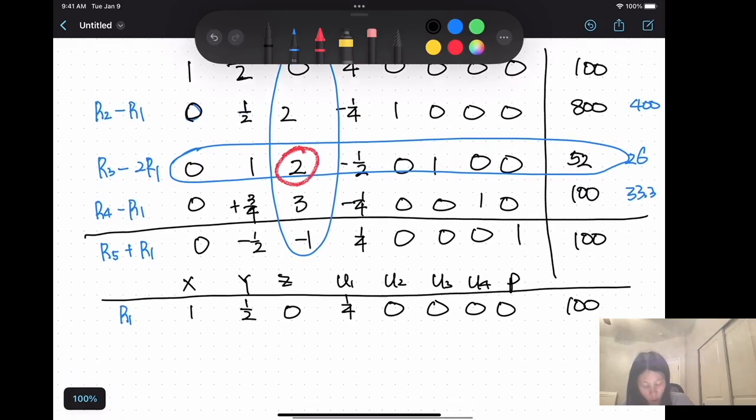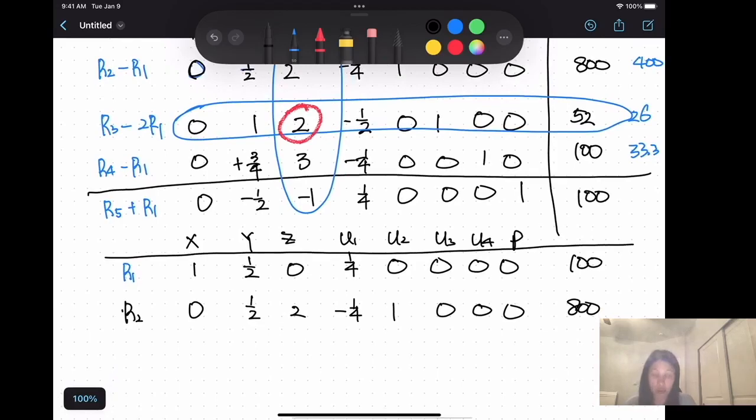Okay, so R2, right now let's just write the same thing here. So for R3, I want everything divided by 2. 0 divided by 2, we got what? Or times 1/2. Either way.